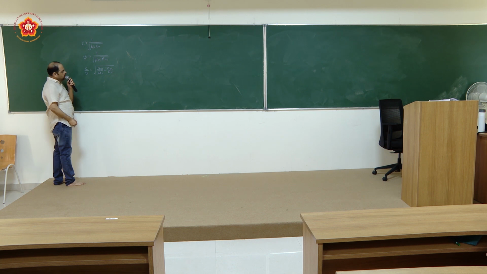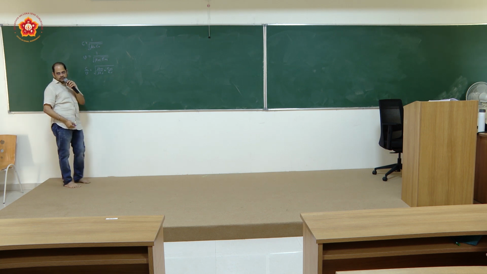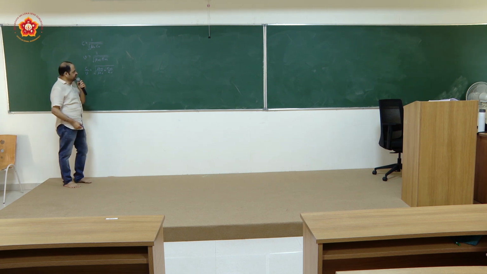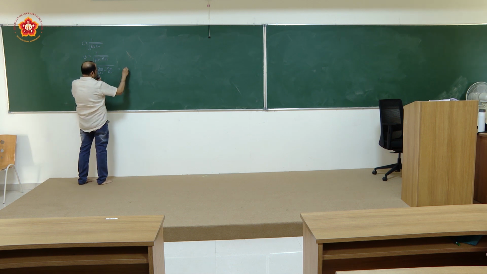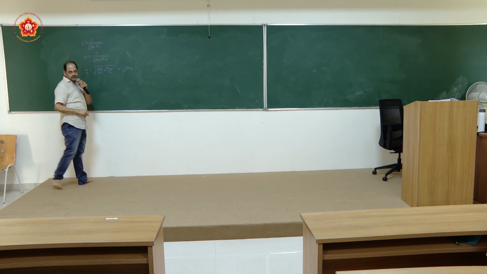Am I right? What is this mu m upon mu 0? Obviously, the right-hand side will be taken as refractive index of a medium with respect to the vacuum.